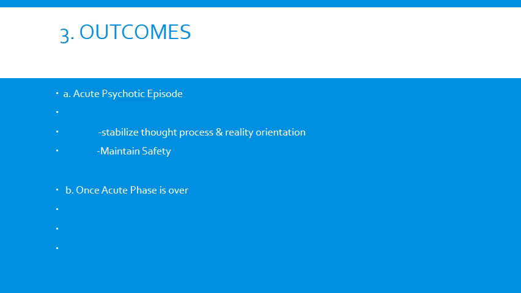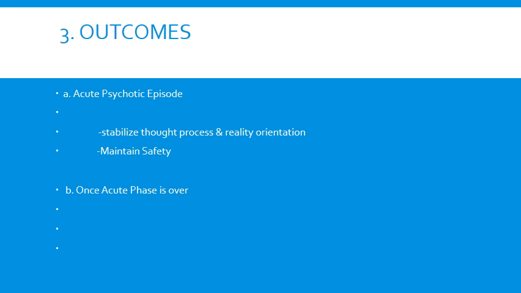Maintain that safety. Also keeping a low stimuli for those individuals, because sometimes their perceptual interpretations are very overstimulating and make it more confusing for them, so we want to keep a low stimuli.